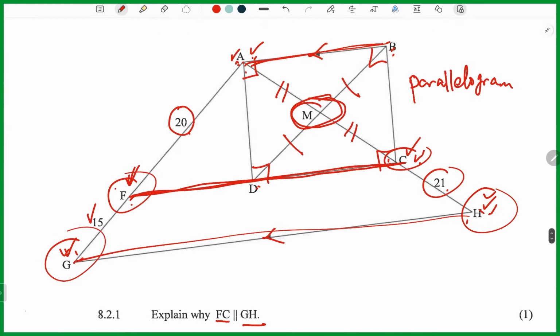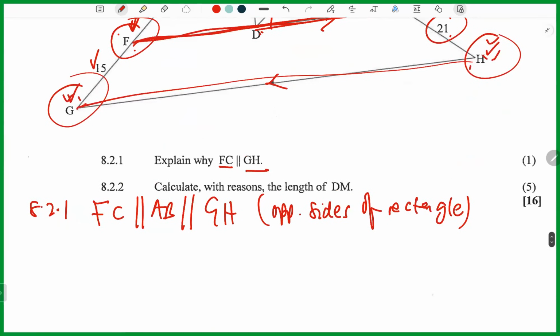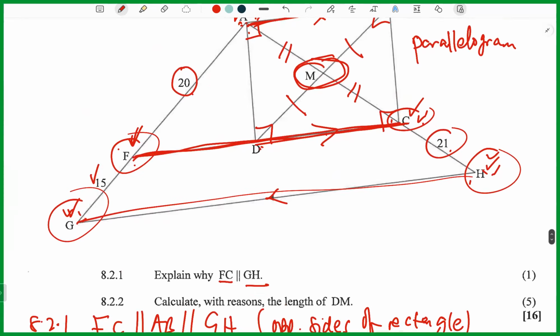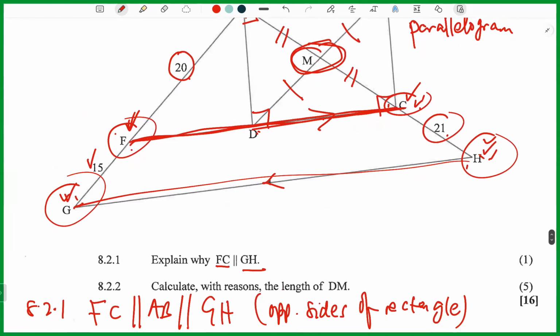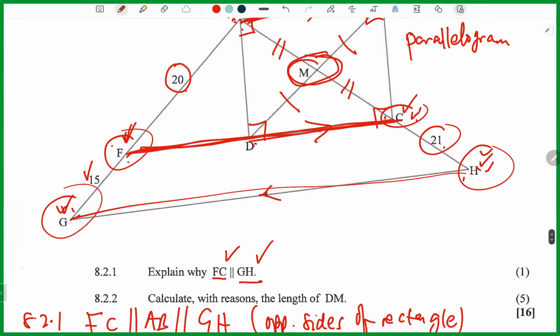Right, because obviously this is a rectangle, so the opposite sides are parallel. That's why AB is parallel to FC, or FC is parallel to AB. And because the examiner is saying, explain why FC is parallel to GH.